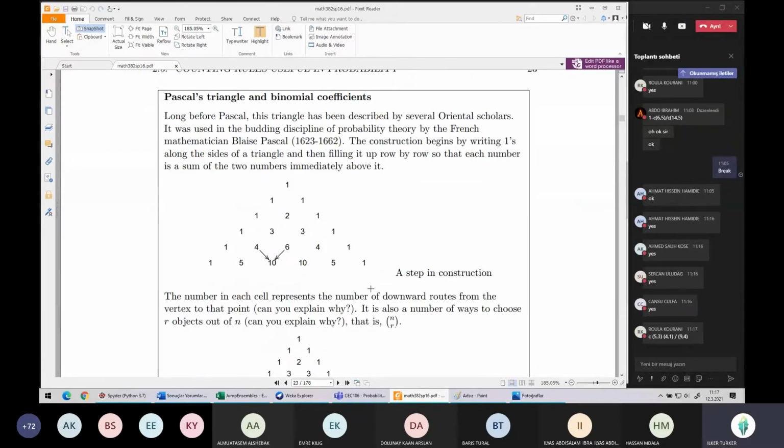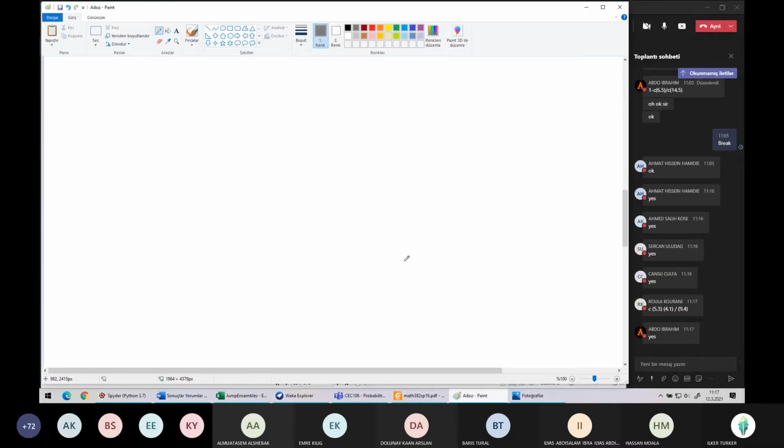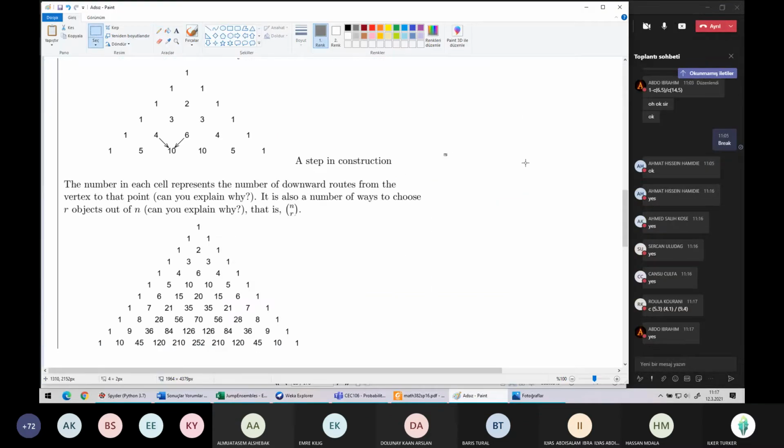And Pascal's triangle. Do you remember it? It is simple to construct a Pascal triangle, as you remember. You start with a 1, 1 and 1.